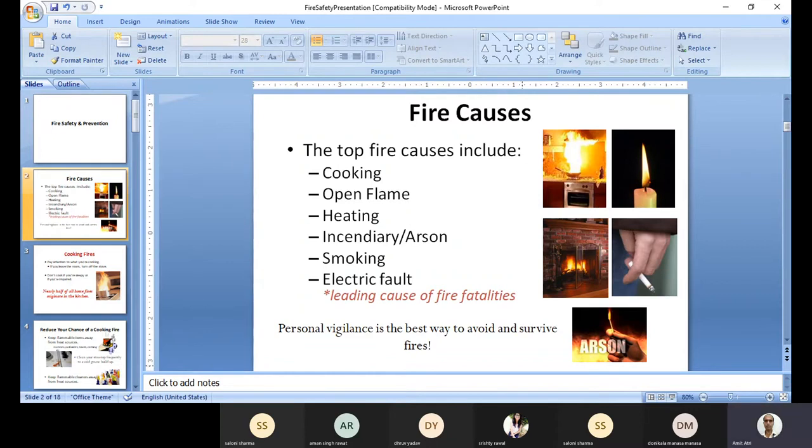Then smoking. Yes, we were just discussing smoking. We can see one more reason why we should discourage smoking. It is one of the fire causes. Apart from the health point of view, smoking is nowhere good for health.